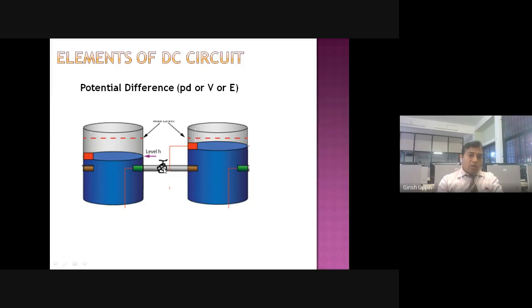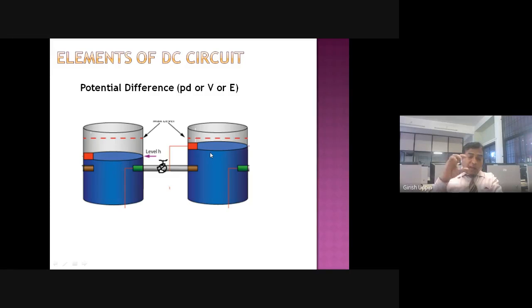Assume that initially this water tank B has this much level, and this valve is closed. If you compare from this level, this has a column of water which is more than this one.